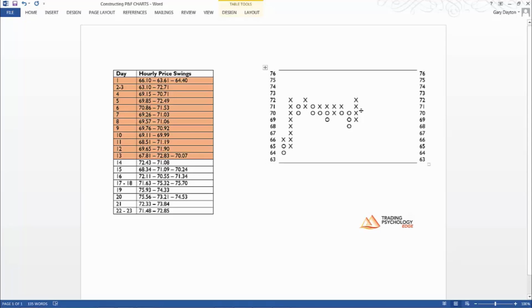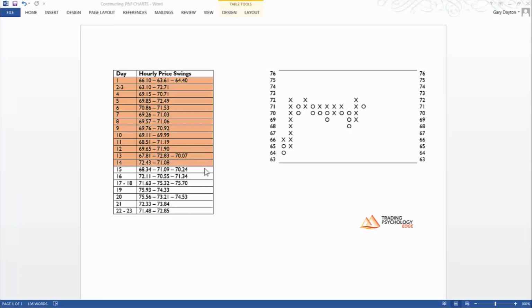And then the market has another swing down to 70.07. So we can go one figure, 71. We can't go all the way to 70 because 70.07 is larger than 70. And that's it for that day.